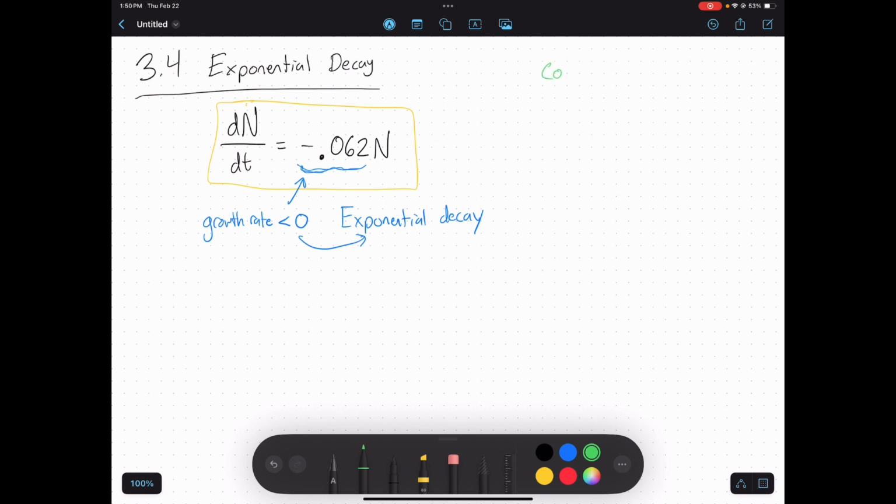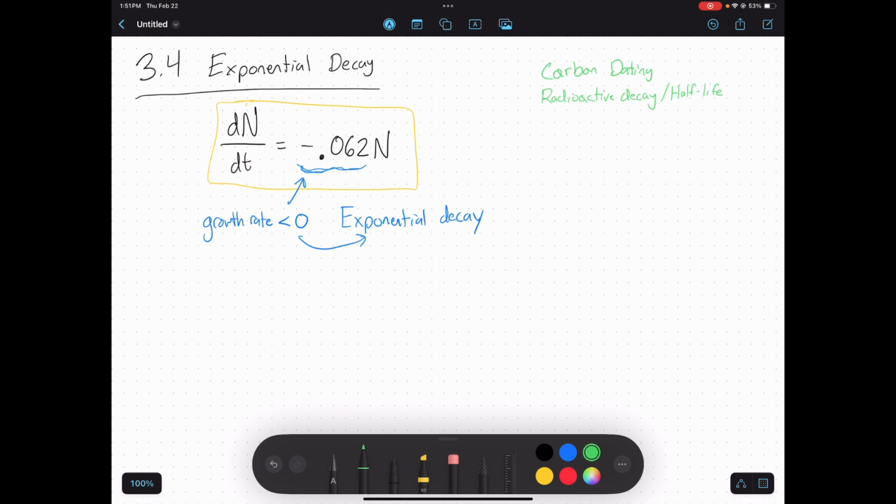So exponential decay, a good example of this is carbon dating, if you've heard of that, in archaeology and things like that. Radioactive decay is modeled using exponential functions, okay? And with radioactive decay, you often hear this term half-life. Well, we're going to talk about that today, okay?